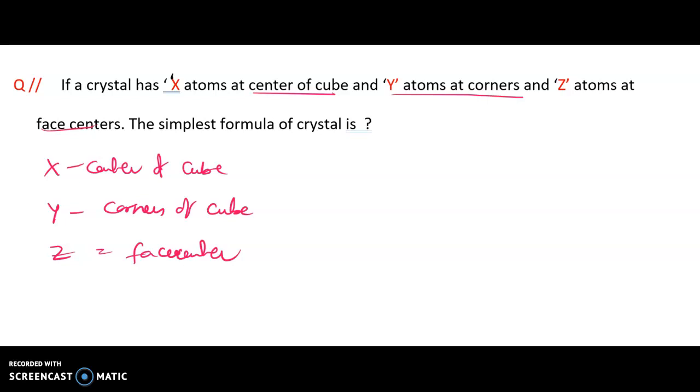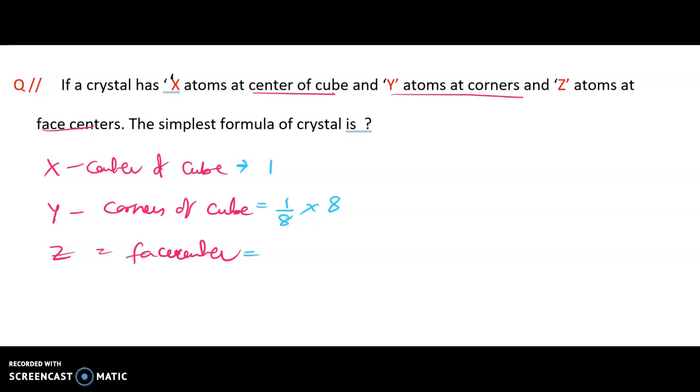In each cube there is only one center. So one center means one atom belongs to the complete cube, so its contribution is 1. At corners the contribution is 1 by 8, and we know there are 8 corners in each cube.